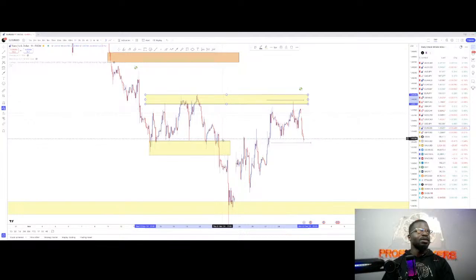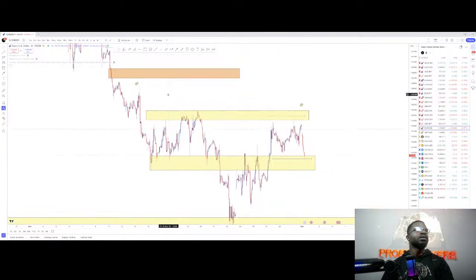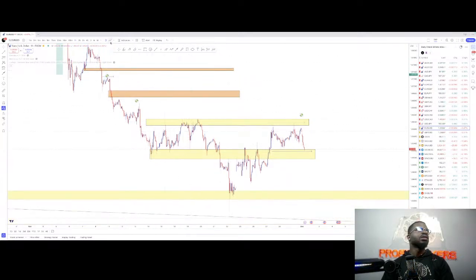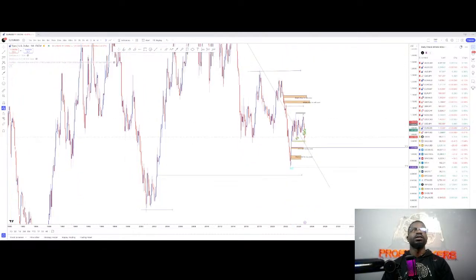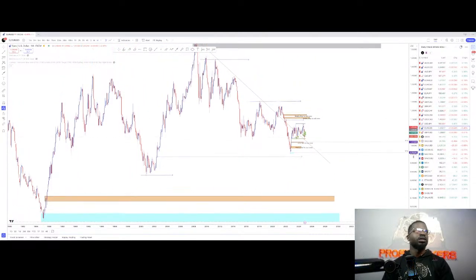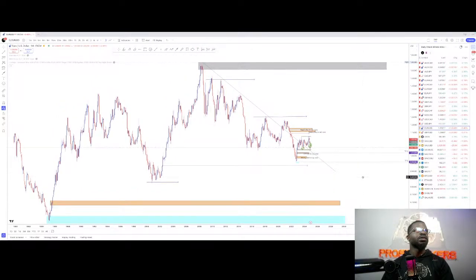So the next area is pretty much already defined as far as our key levels with Euro USD. So on a monthly, we got this breakout.